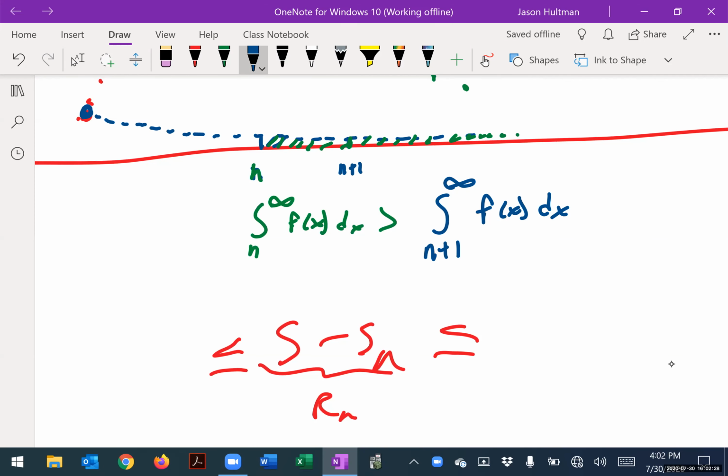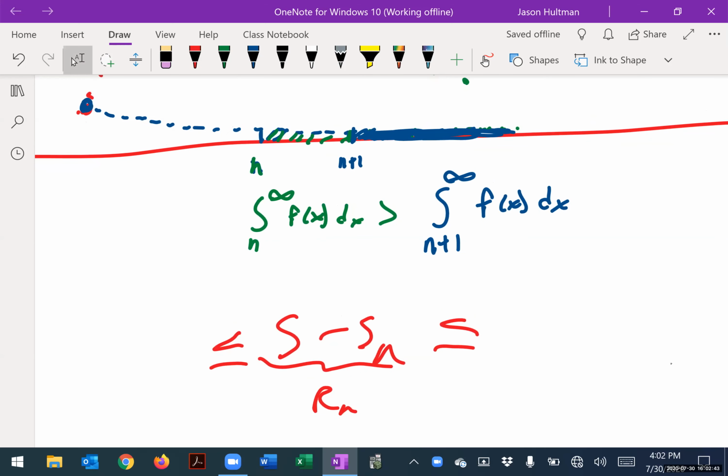Why? Because n plus 1 will start here and it will go to infinity. Do you see how the blue region is smaller than the green region? Because the green includes the blue, therefore it would be bigger.